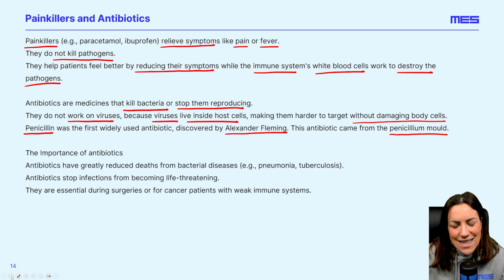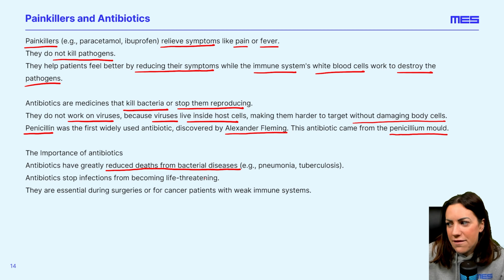Why are antibiotics so important? One of the greatest things in all of science. Well, they have greatly reduced deaths from serious bacterial infections like pneumonia and tuberculosis or TB that many people did die from, but now with the use of antibiotics, they can be treated because the bacteria can be killed. They stop any bacterial infections from becoming life-threatening.